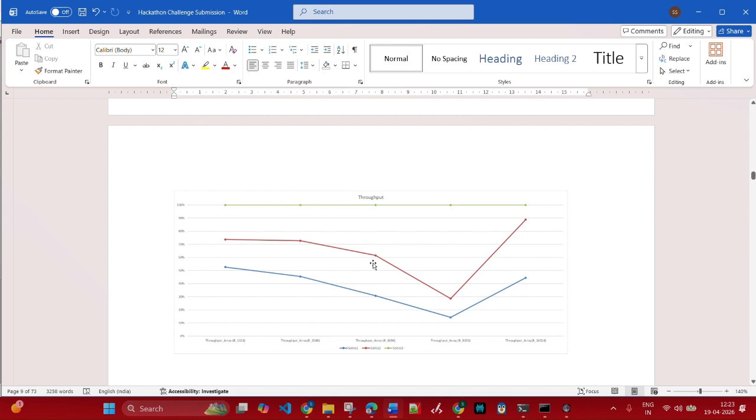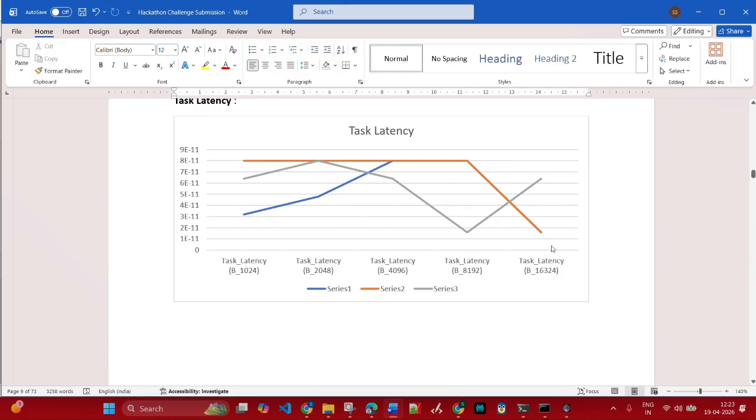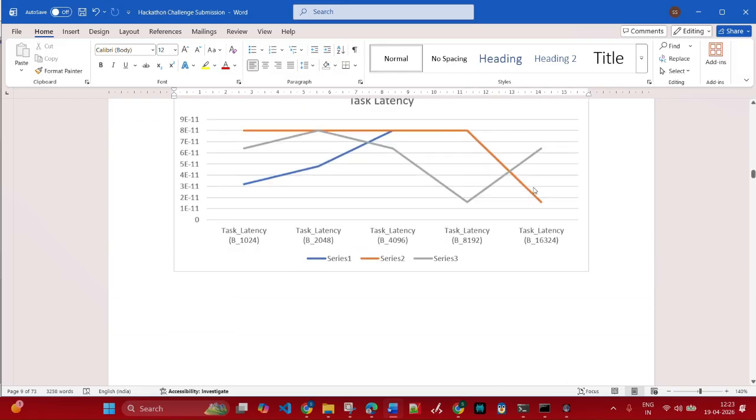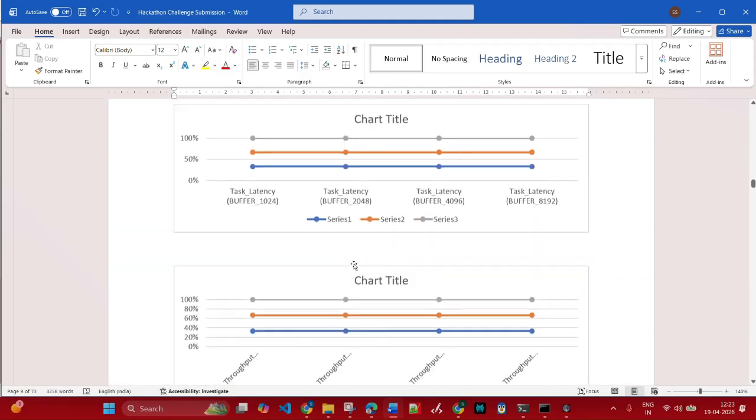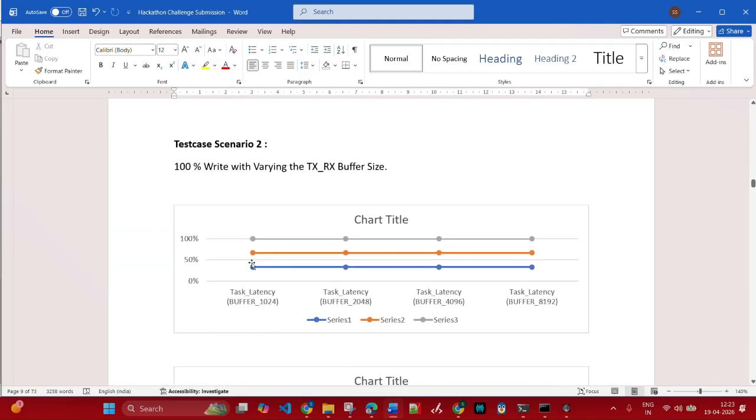Coming to throughput, it is the same. As I go on increasing my buffer size, my throughput is getting decreased. But when I increase it still further, for 1634 it is seeing very high, very good throughput and best latency. But when we consider again the same simulation for 100% write, there is no variation at all.